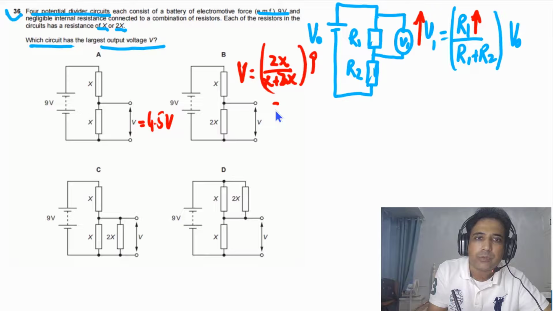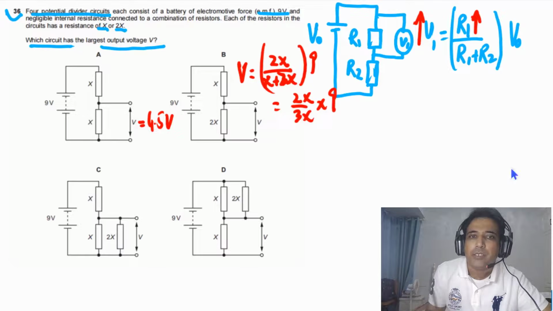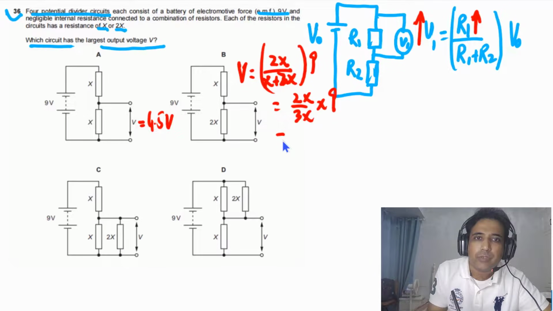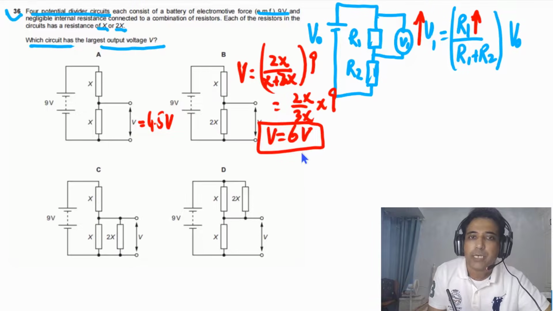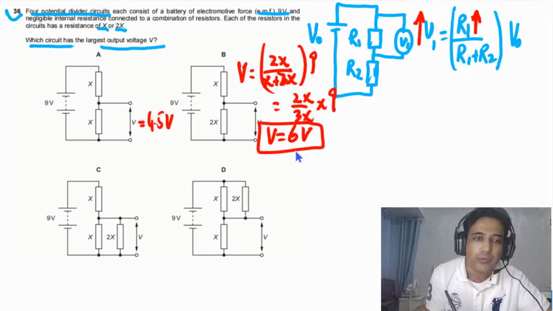So we have 2X divided by 3X multiplied by 9, so we will get 6 volts. In a simple way, you can understand the potential will be divided into 3 parts, 2 parts across this one, 1 part across this one. So this has to be 6 volts.